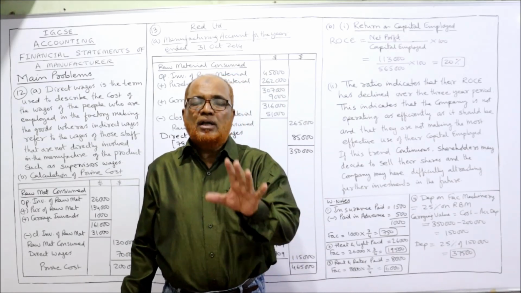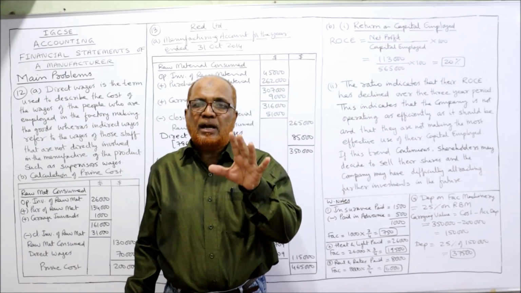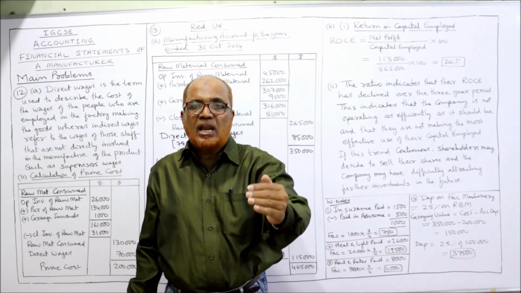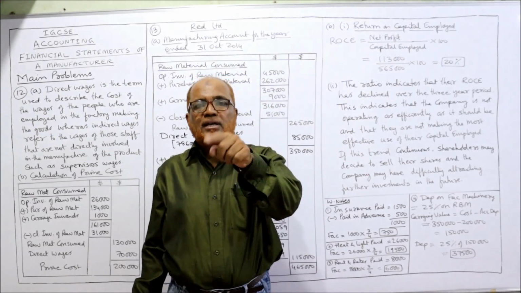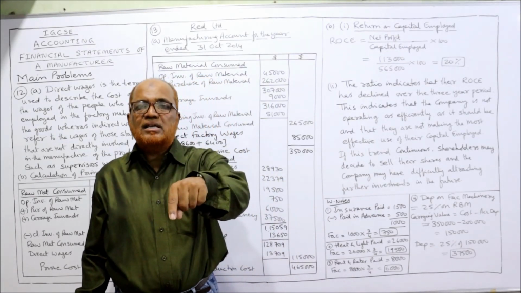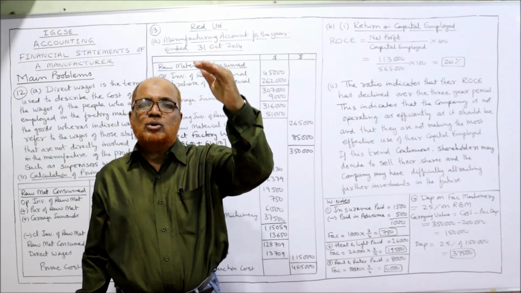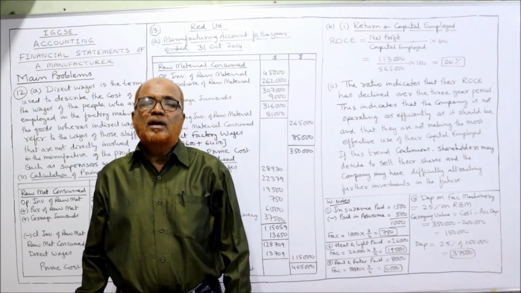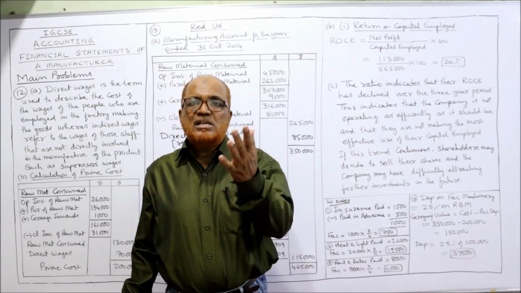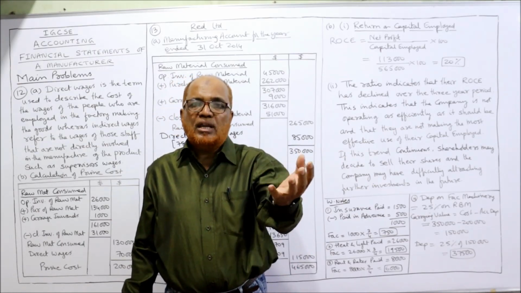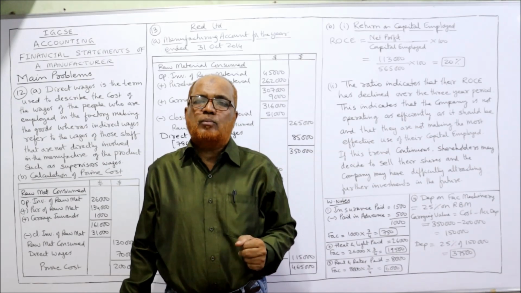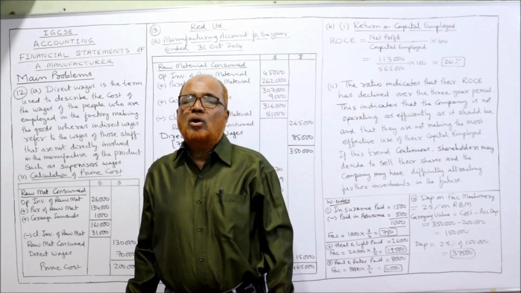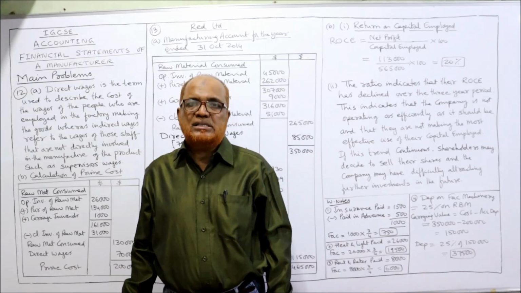No, the company is not operating efficiently because the ROCE is declining. The profit on capital employed is decreasing from 28% to 25%, from 25% to 20%. It shows that the business fails to generate enough profit on capital employed. In other words, the capital employed is not properly utilized.